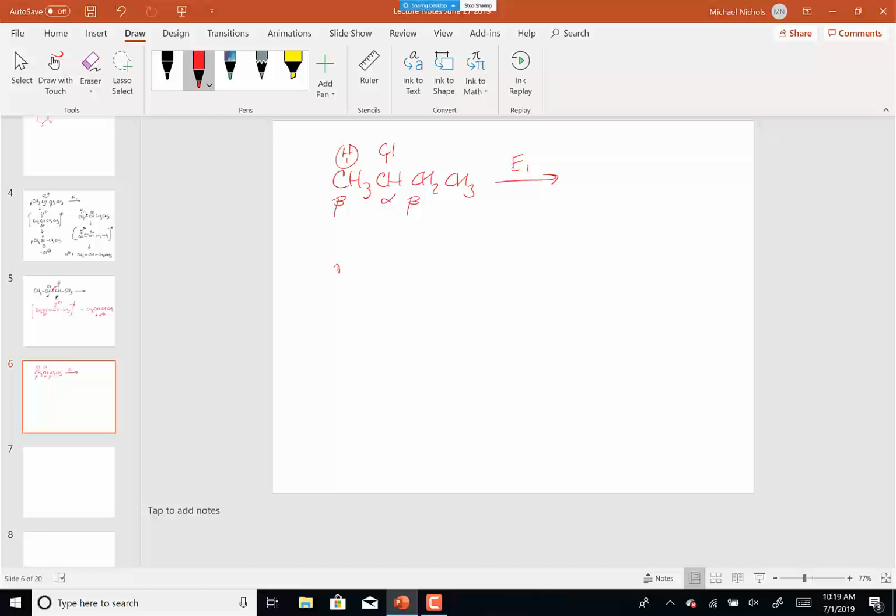So if I'm writing those products, I would say, okay, if I lose the left-handed beta hydrogen, I'm going to get 1-butene. If I lose the right-hand beta hydrogen, I'm going to get 2-butene. So those are my two possible products.